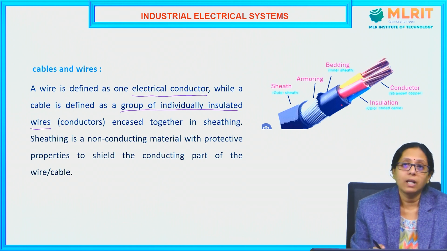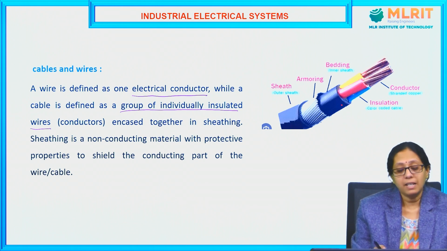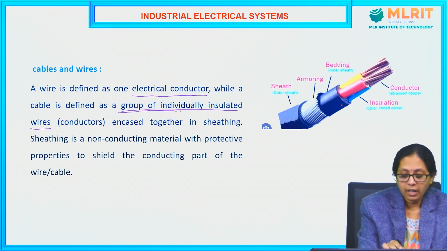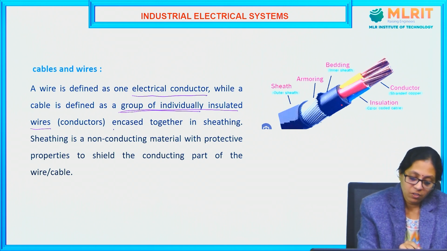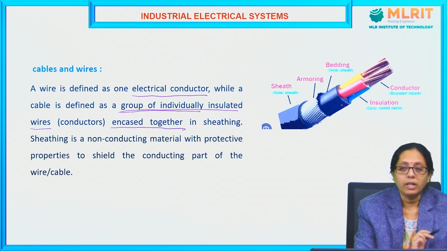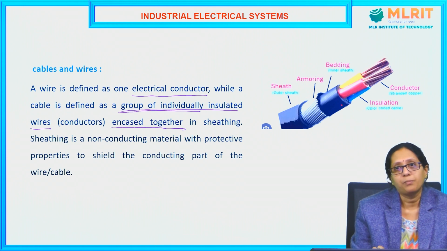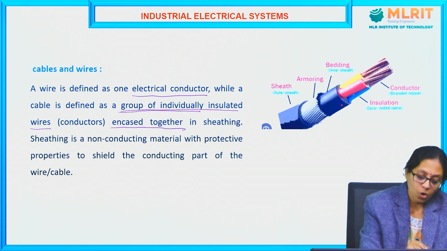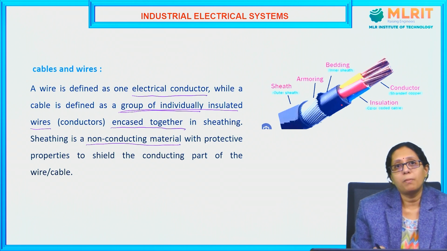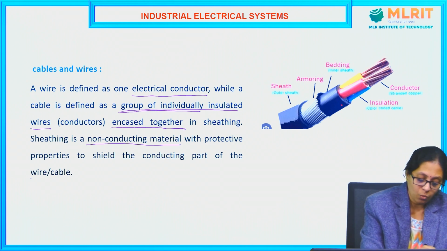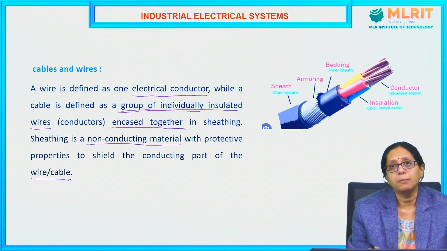A conductor is a single wire, and a cable is a group of individually insulated wires which are encased together in sheathing. Sheathing is a non-conducting material with protective properties to shield the conducting part of a wire or a cable.